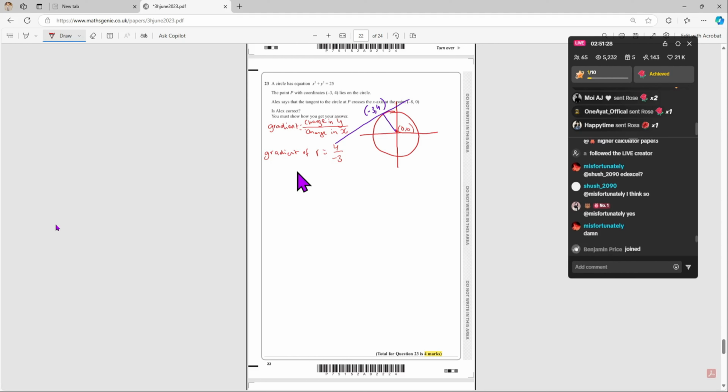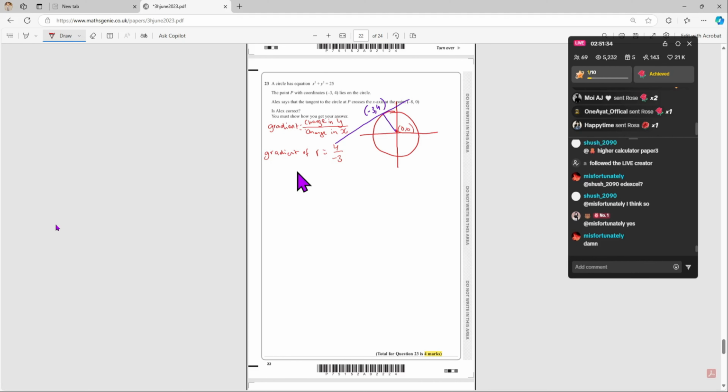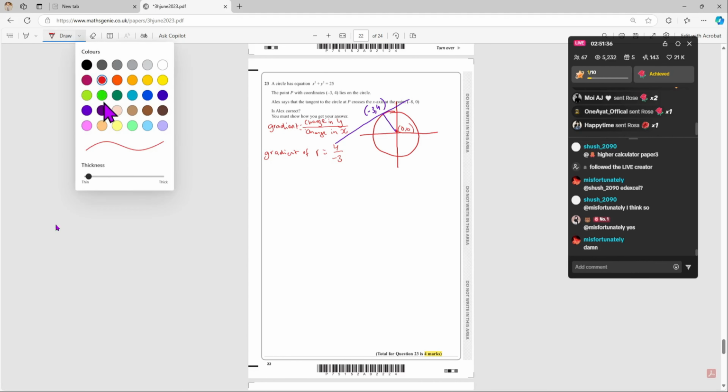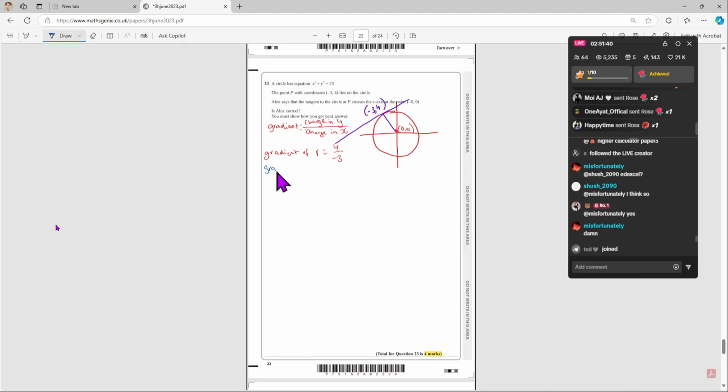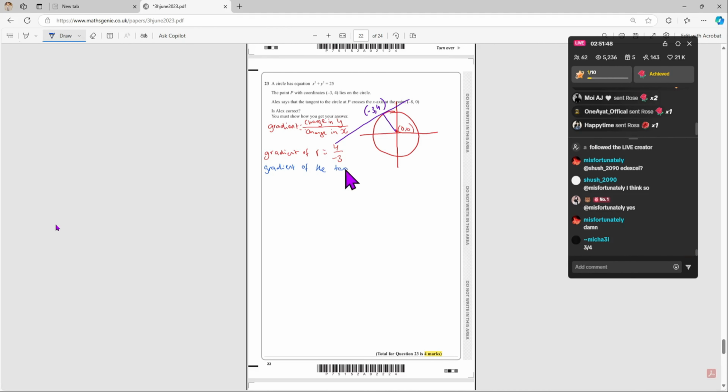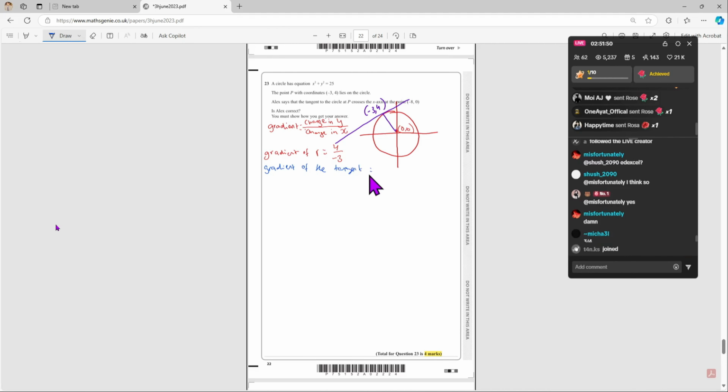Now, once you have got the gradient, we're going to find the gradient of the tangent. The gradient of the tangent is going to be equal to 3 over 4.